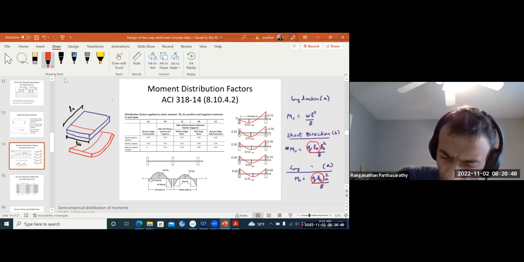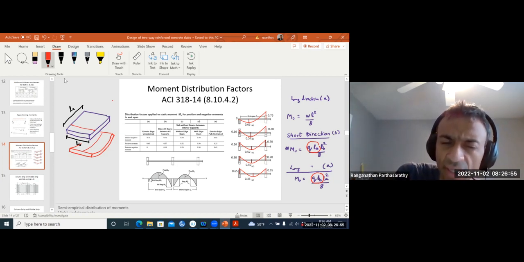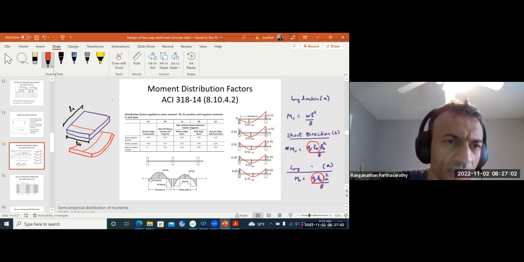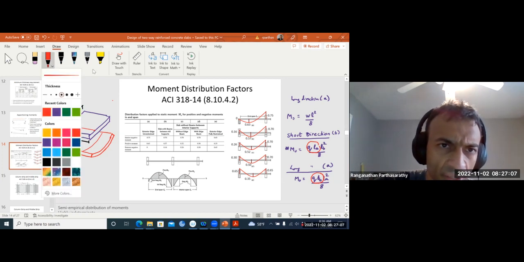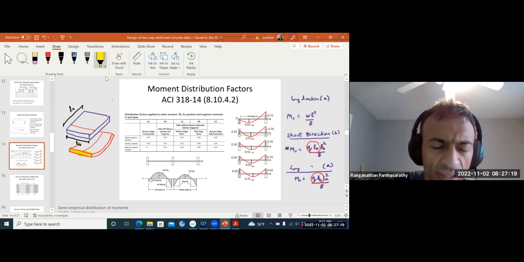But now in the bending along a certain direction, the moment is not uniformly distributed across the width. If you consider the entire width, then your moment is not uniformly distributed across there. Moment is more in certain regions of this strip than other regions.